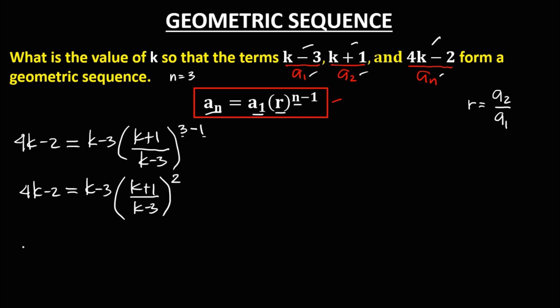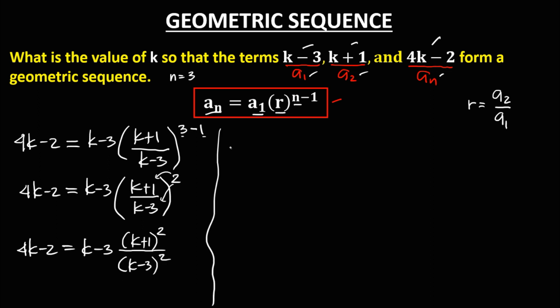Then we can rewrite this equation as 4k minus 2 equals k minus 3 times, and we need to distribute this exponent to both sides. So this becomes k plus 1 to the power 2 over k minus 3 to the power 2.